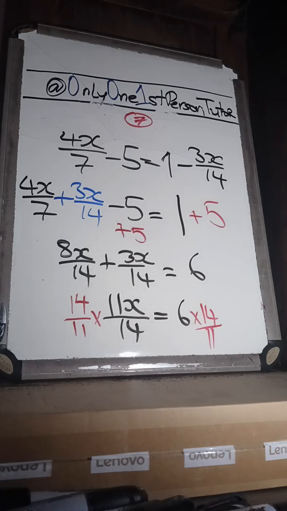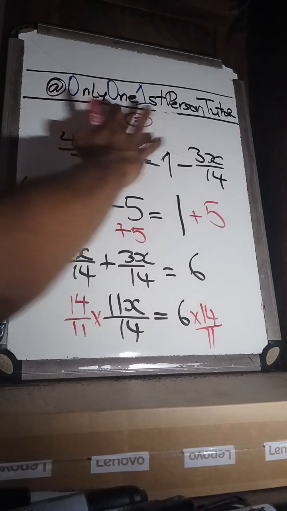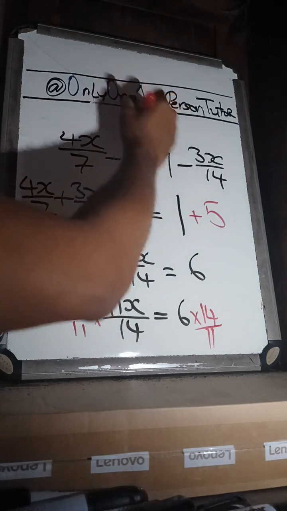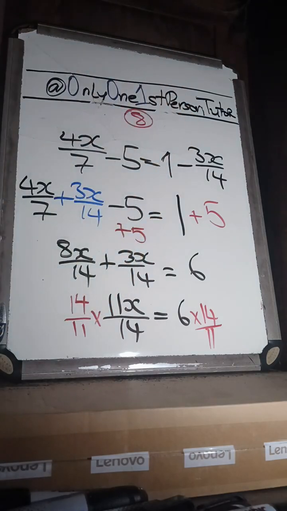But I'm a bit confident that this works. But it's one of them messy fractions. Yeah. Okay. It's a messy one. So you know what? We're going to go to number 8. I will come back to proving that this is correct. So let's go to that.